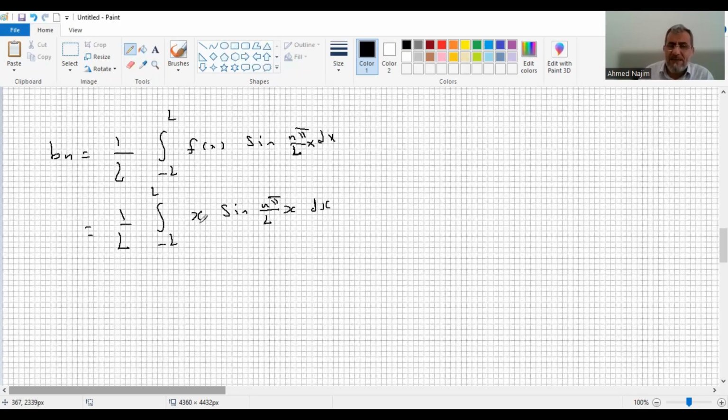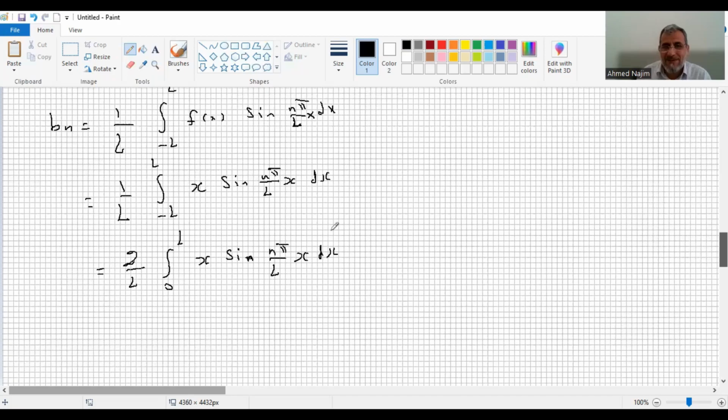So x is odd, sine is odd, so it'll be even. That means this one equals 2 over L, integral from 0 to L, x sine(nπ/L x) dx, as we explained before.